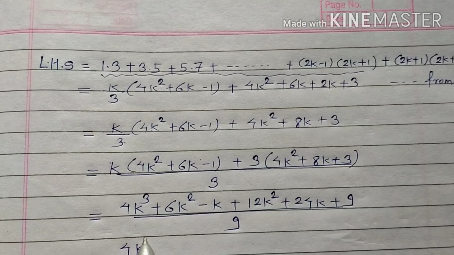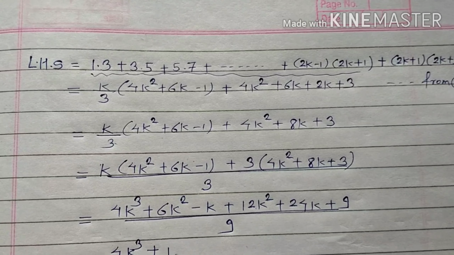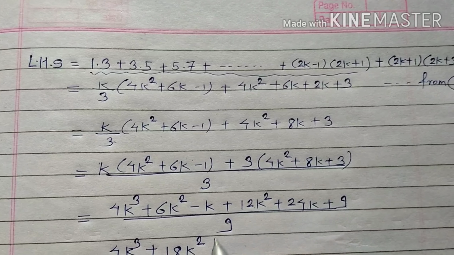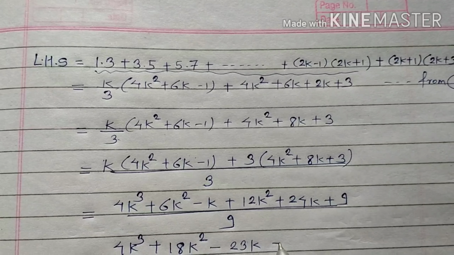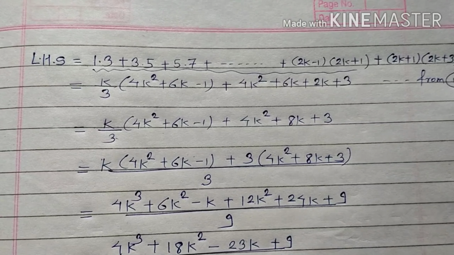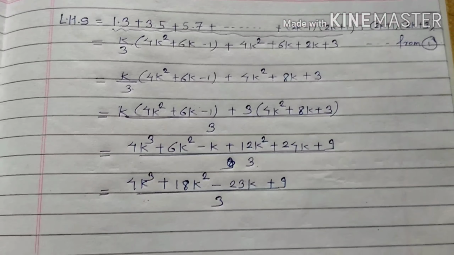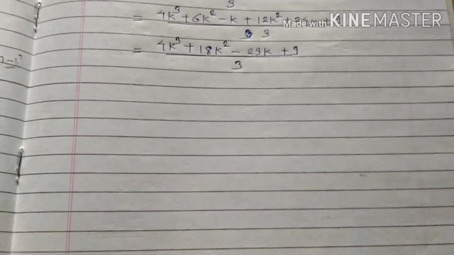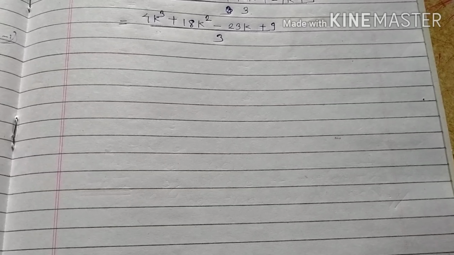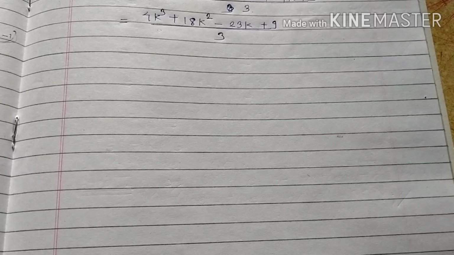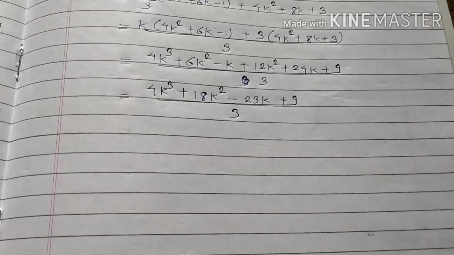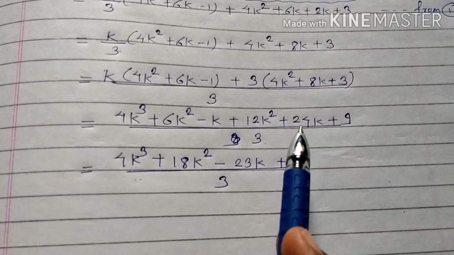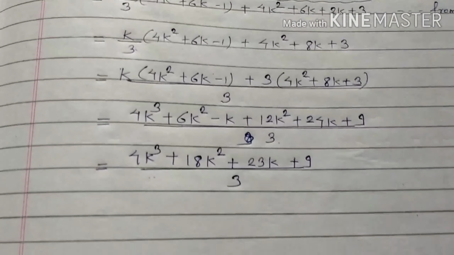Now this 4k cube, 12 plus 6, 18k square, this is 23k and this is plus 9 upon 3. Now you can solve this by synthetic division. So I solve here: it is 4, next 18, next 23 and 9. Sorry, here plus 23 because 24 minus k, so it is plus 23k.